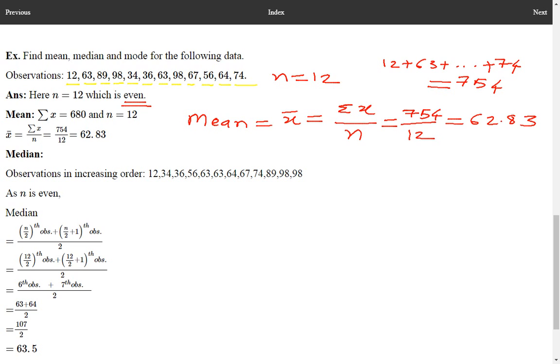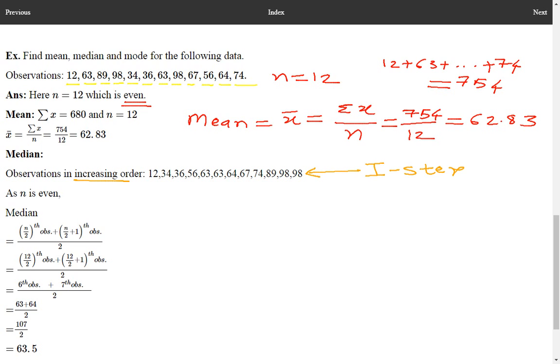Let us calculate the median. For the median, the first step is to arrange the observations in increasing order.